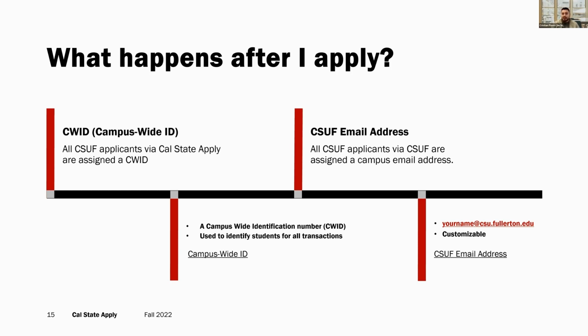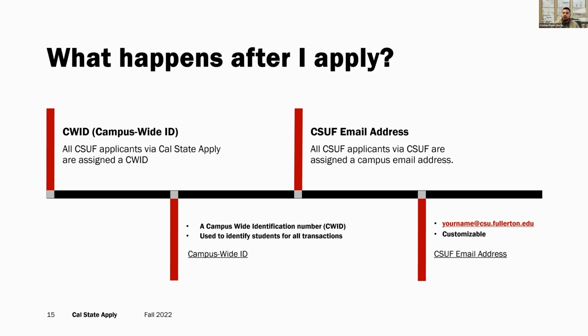However, if you're applying at a different campus, you'll be issued the equivalent to a CWID here. For example, at Cal State LA, you may be issued what's called a CIN, a campus ID number. At schools like Cal State Bakersfield, it's called a CSUB ID. So you're going to be issued the same kind of equivalent ID number that's going to identify you.